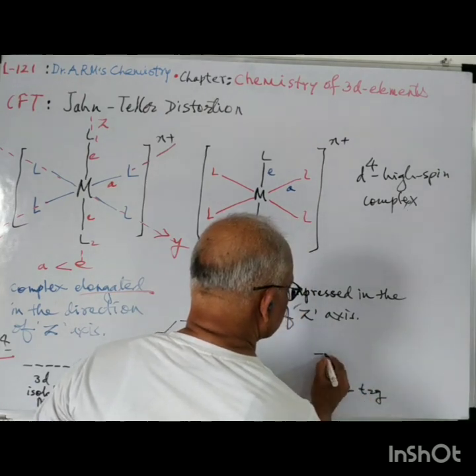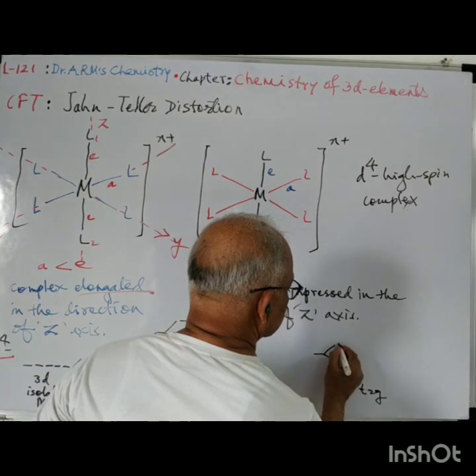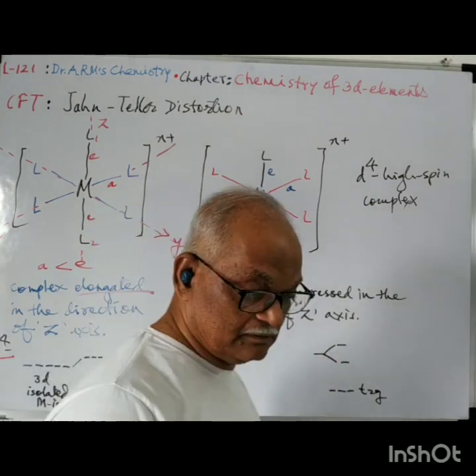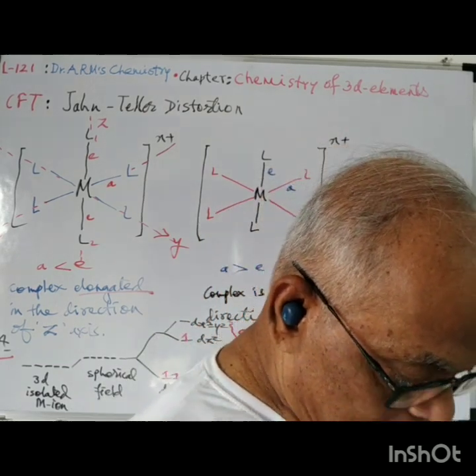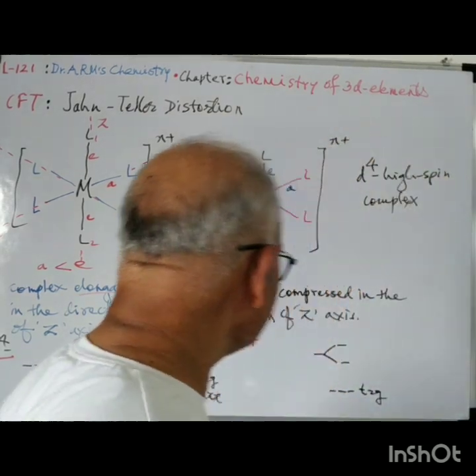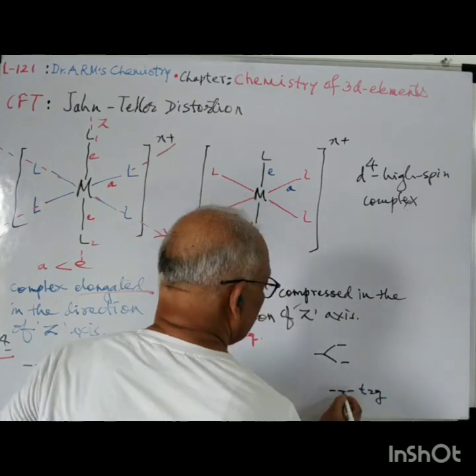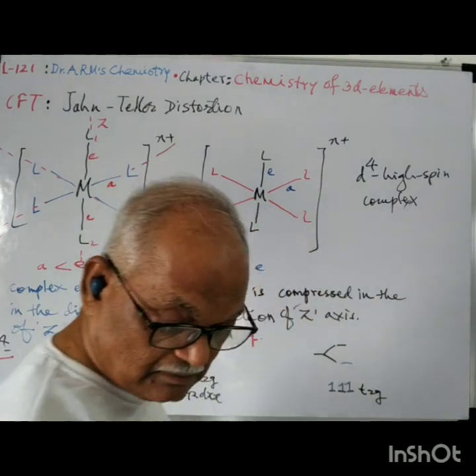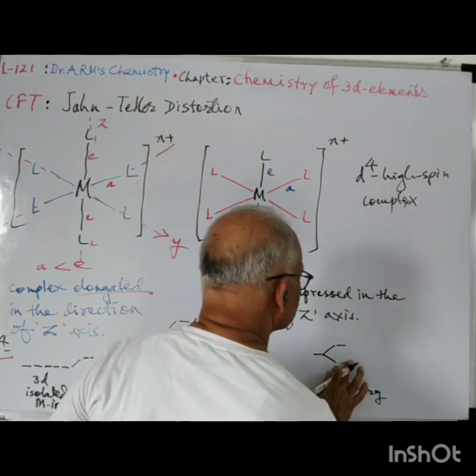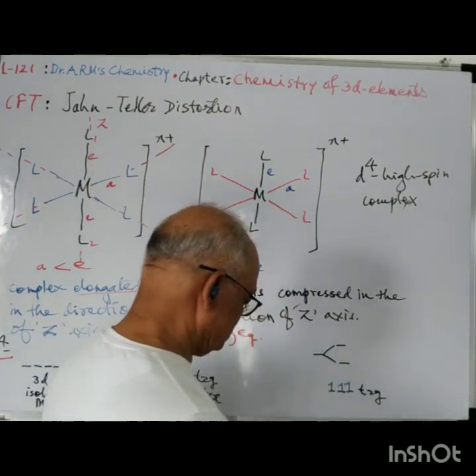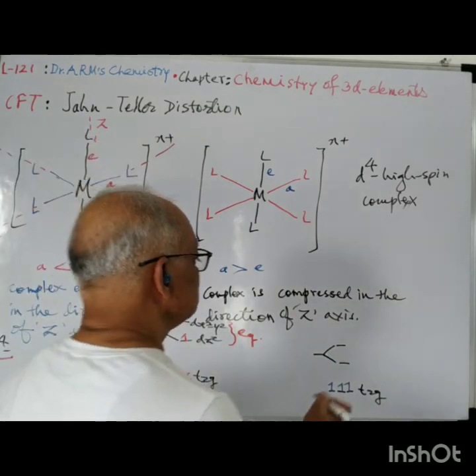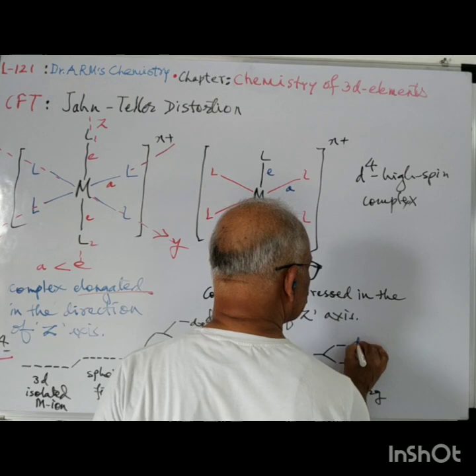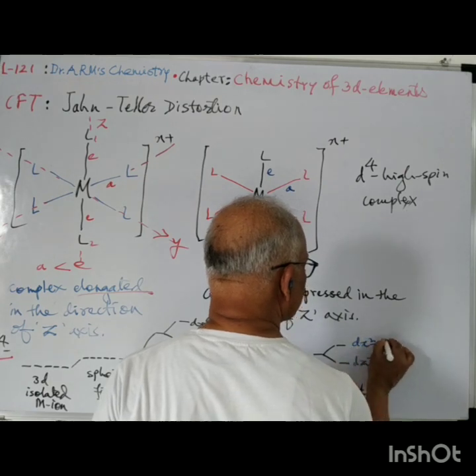Then there are the eg orbitals: this is dz2 and this is dx2 minus y2.